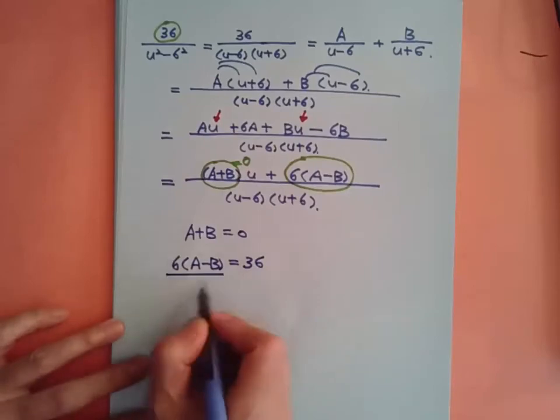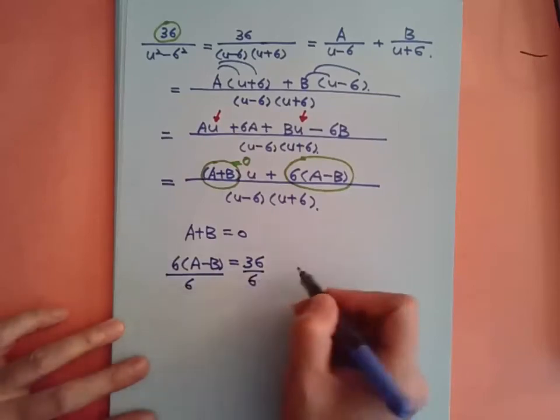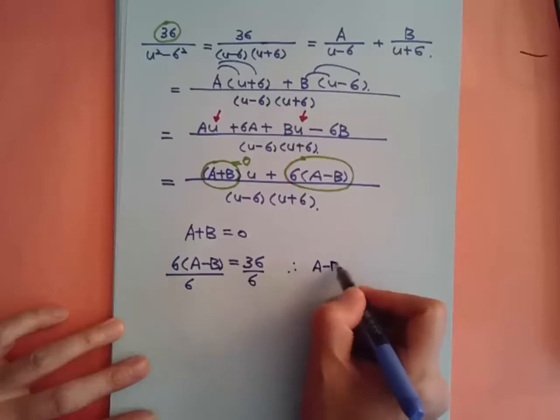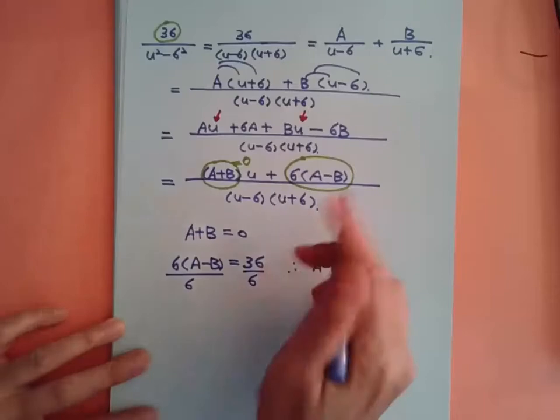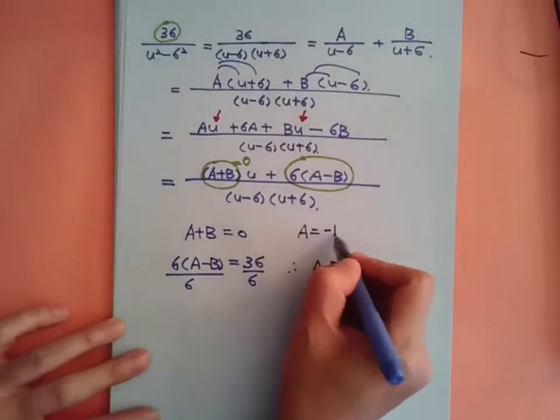So we divide by 6 on both sides. Then a minus b equals 6. So from here, we get a equals minus b.